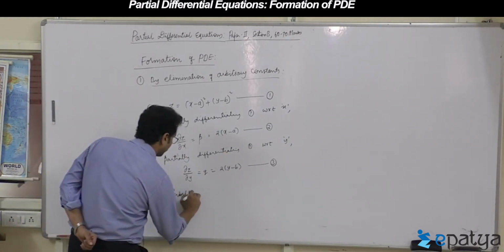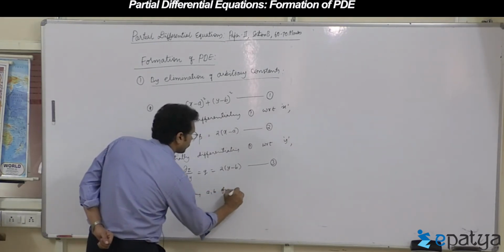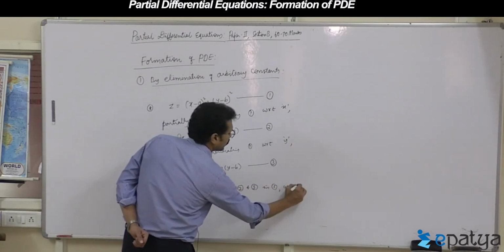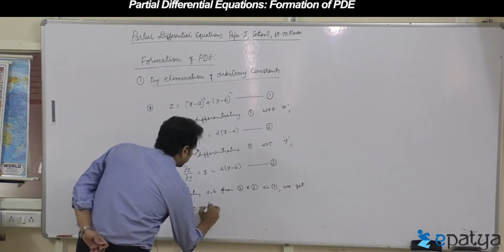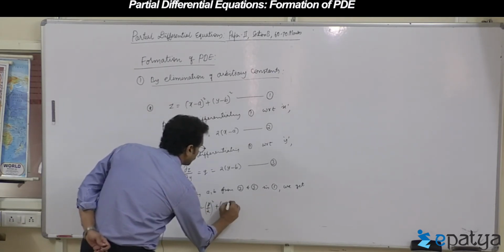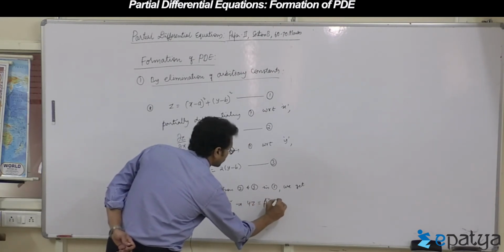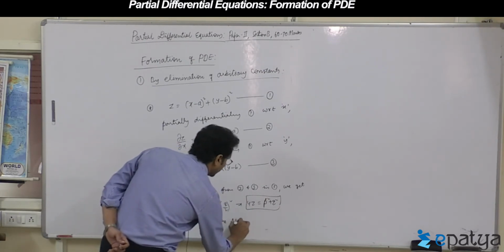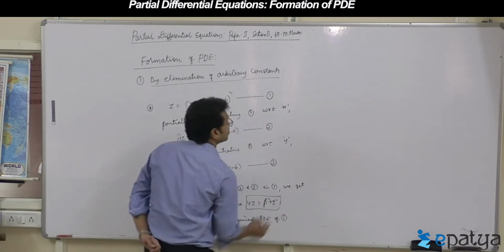Substituting a, b from 2 and 3 in 1, we get z equal to (p by 2) whole square plus (q by 2) whole square, which is 4z equal to p square plus q square, is the required PDE of 1.